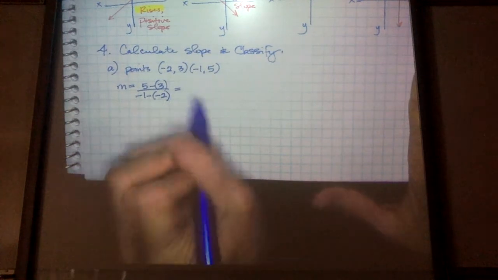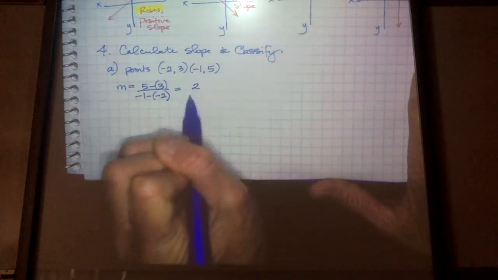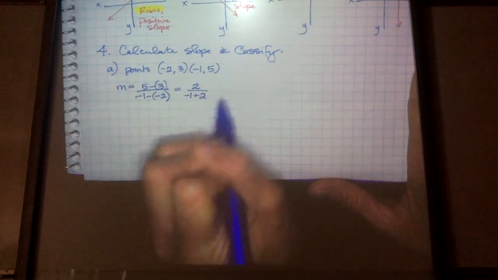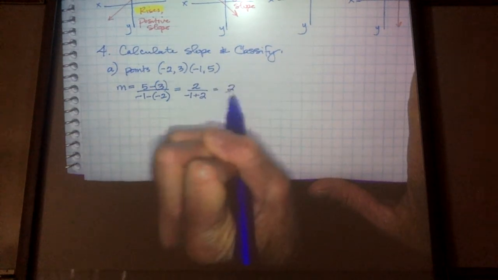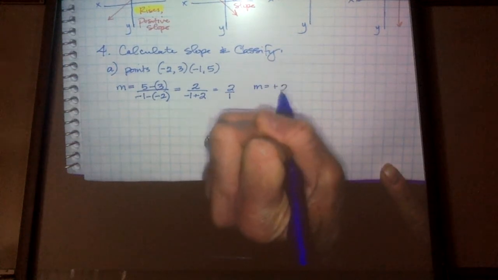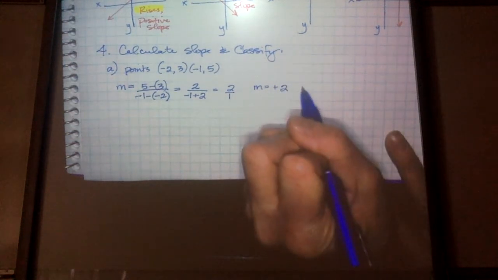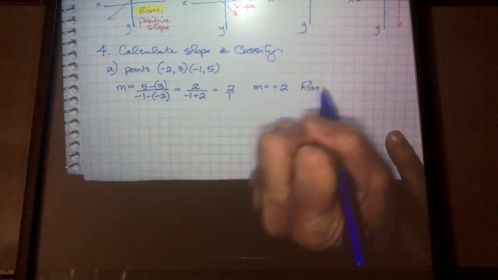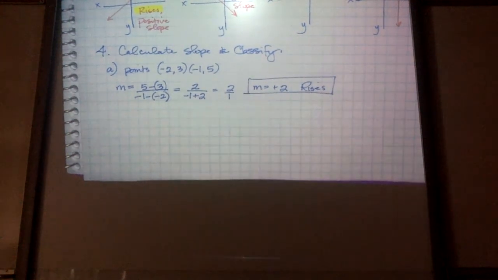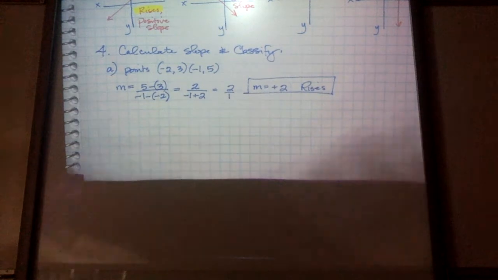I'm going to simplify that. 5 take away 3 is 2. This gives me -1 plus 2. So I get 2 over 1. So m equals +2. So that means that my line rises. Okay, and that would be the answer. A calculated slope, it's positive, so I know that this line rises.